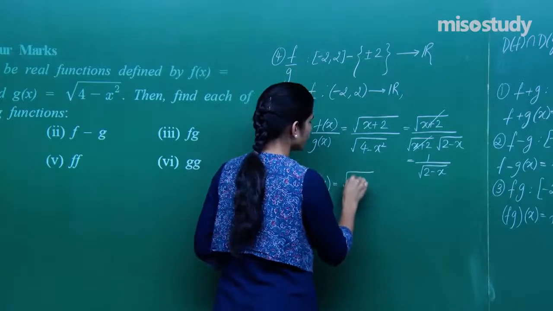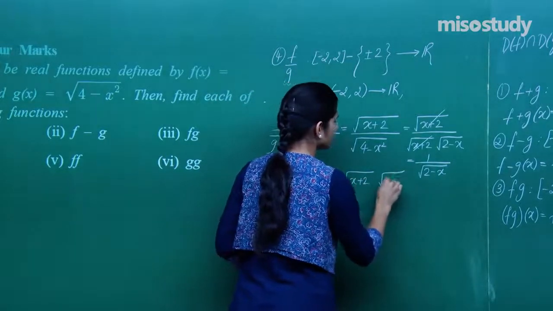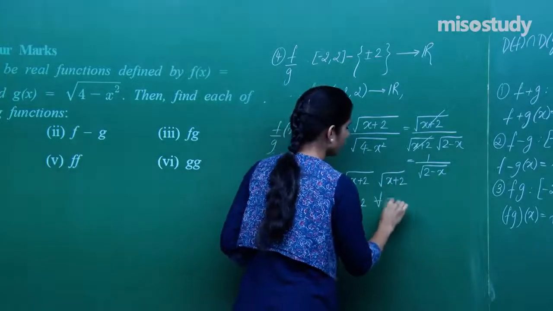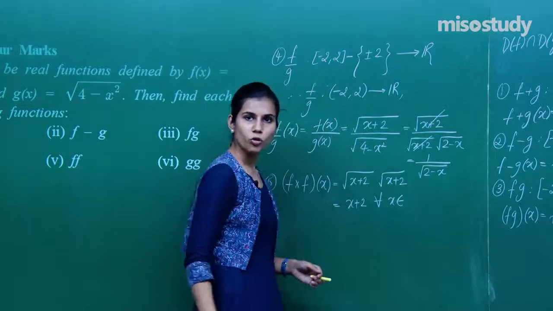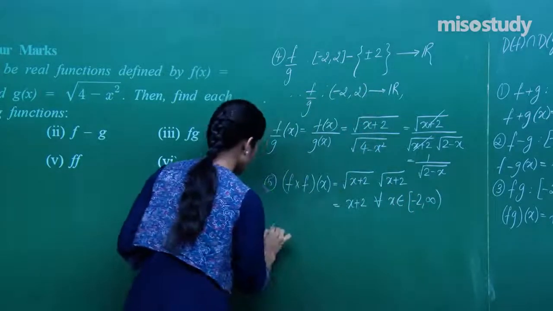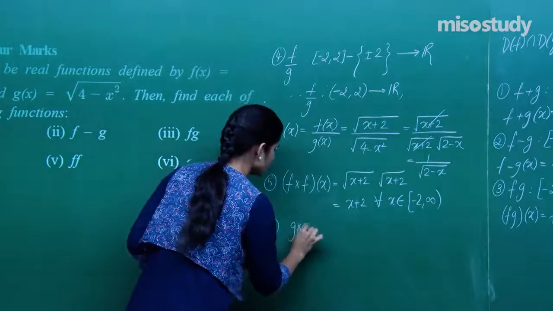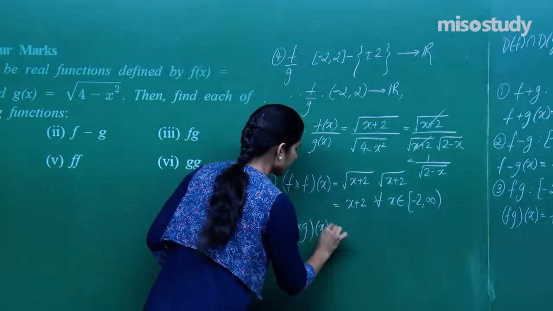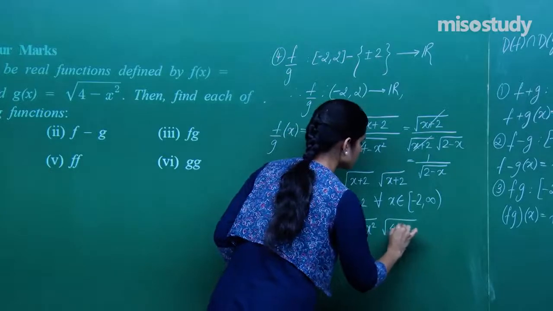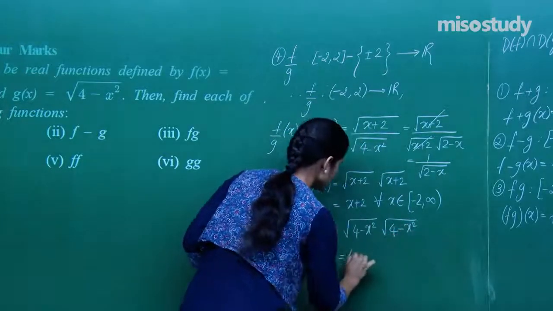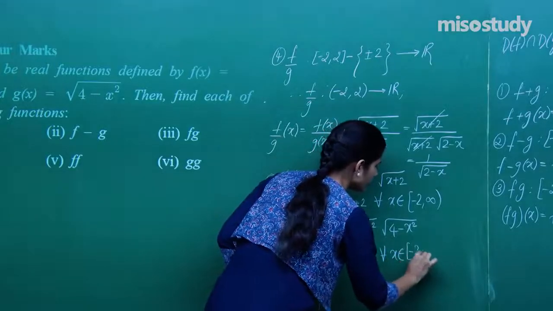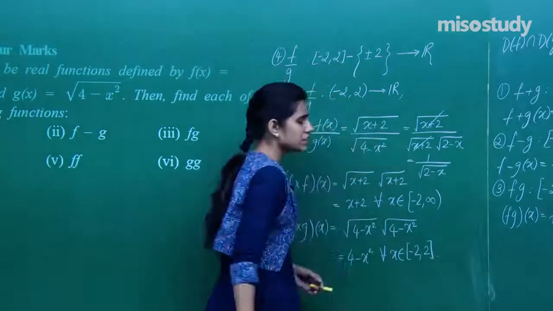Pointwise product, root over x plus 2 into root over x plus 2, which is x plus 2 for all x belonging in the domain of f, which is minus 2 comma infinity. And then you have g into g of x. It is root over 4 minus x square into root over 4 minus x square, which is 4 minus x square for all x in the domain of g, which is minus 2, 2.